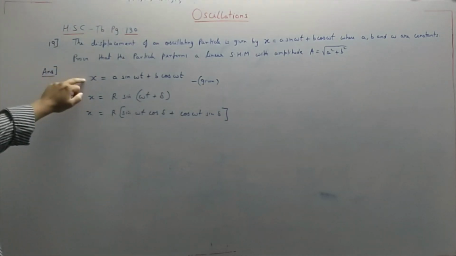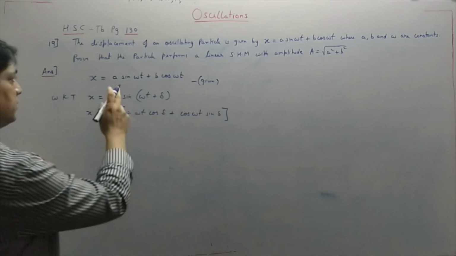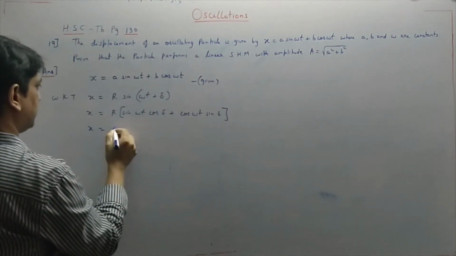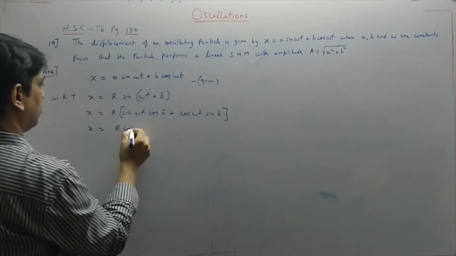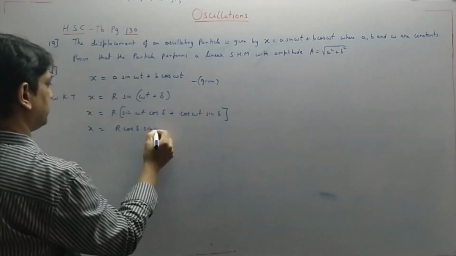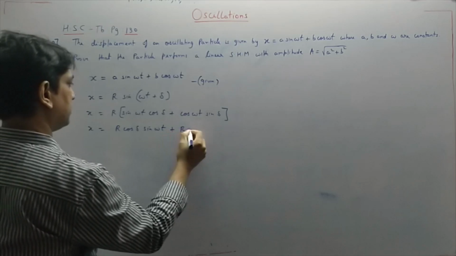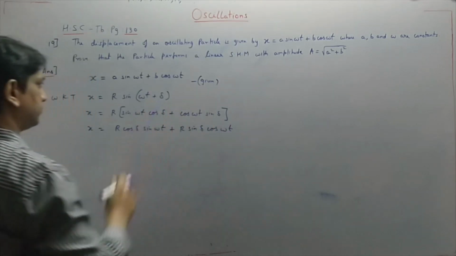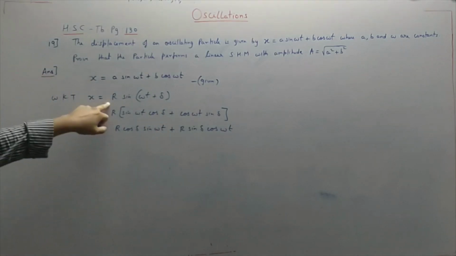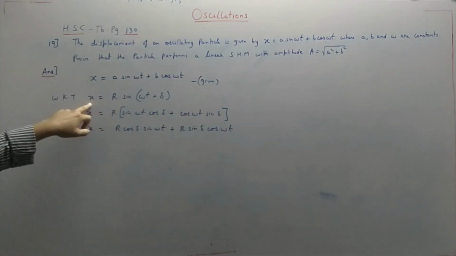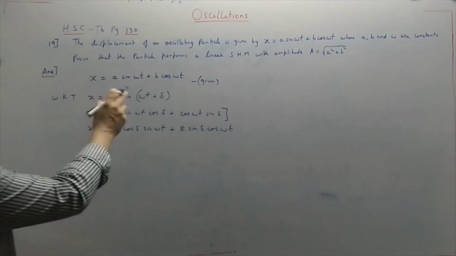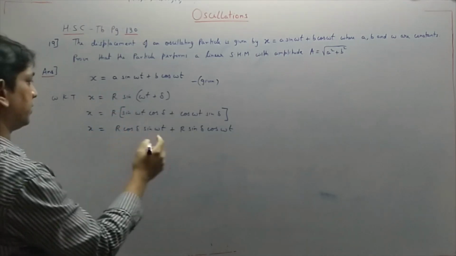If we compare this with this, we have here A and B. So we can write this as R cos delta sin omega t plus R sin delta cos omega t. Because in composition, the resultant displacement is x, R is the resultant amplitude, and delta is the resultant phase difference.